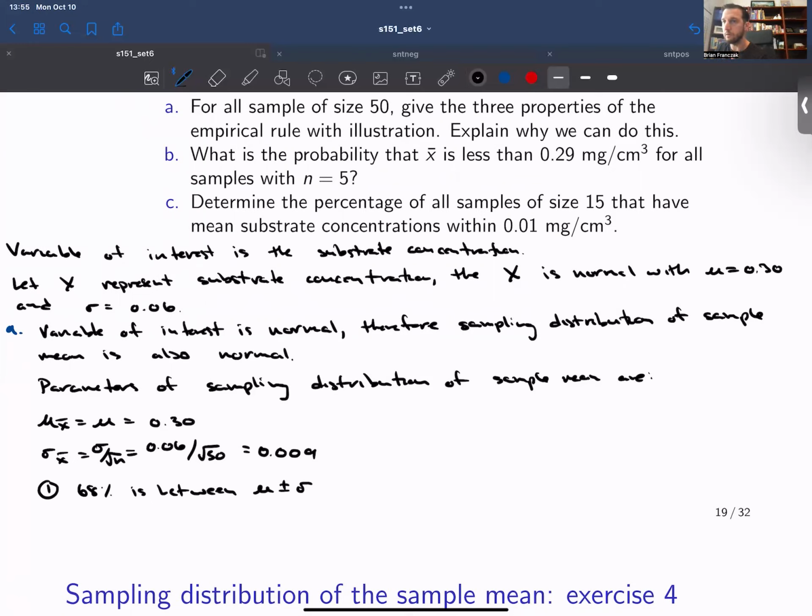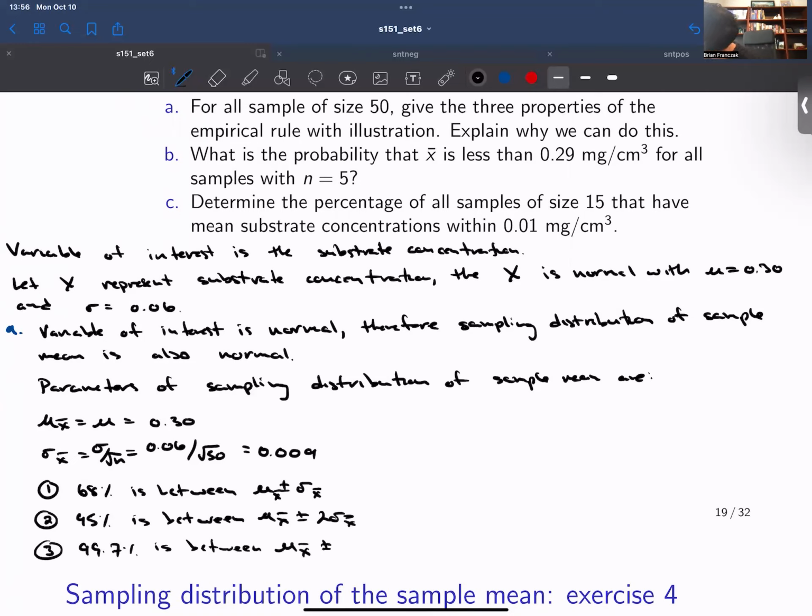So in our case, it's going to be between mu x bar plus or minus sigma x bar, because our sampling distribution is normal. 95% is between mu x bar plus or minus 2 times sigma x bar, and 99.7% is between mu x bar plus or minus 3 sigma x bar. So those are the three properties of the empirical rule.